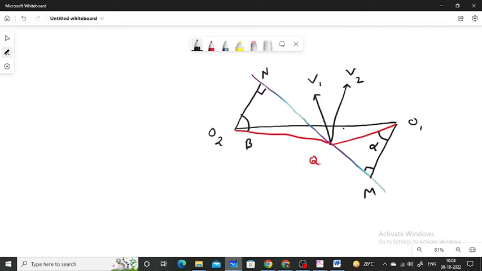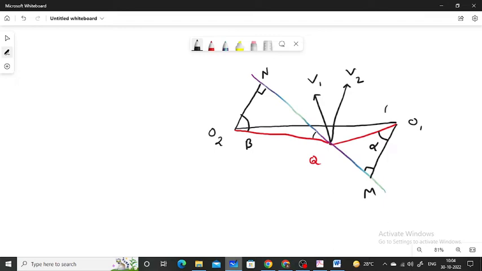okay, in that case this remaining angle will be 90 minus beta, and line O2Q, the velocity of the wheel 2 V2 is perpendicular to the O2Q because this is the linear velocity.